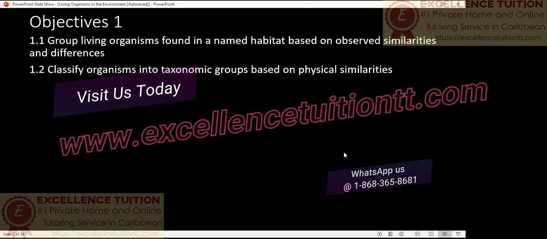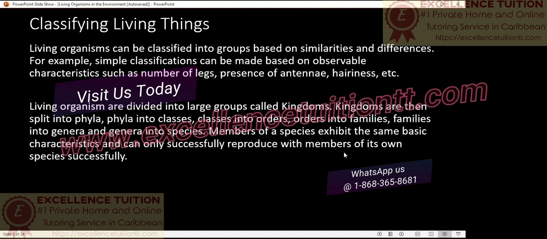And the first objective of this topic is to group living organisms found in a named habitat based on similarities and differences. The next objective is to classify organisms into taxonomic groups based on physical similarities. Feel free to stop me if you have any questions, right?